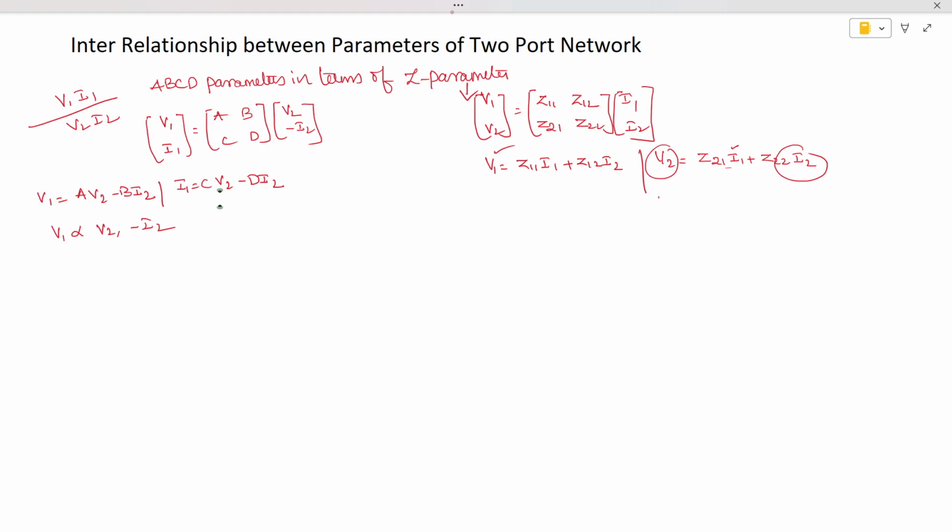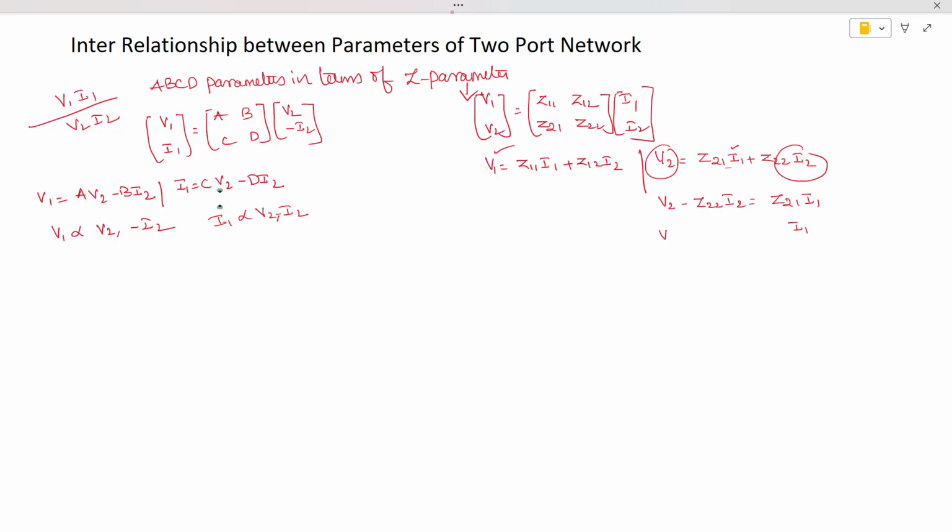Therefore I can write V2 minus Z22 I2 is equal to Z21 I1. So now we can see I1 is in terms of V2 and I2. I require the value of I1.